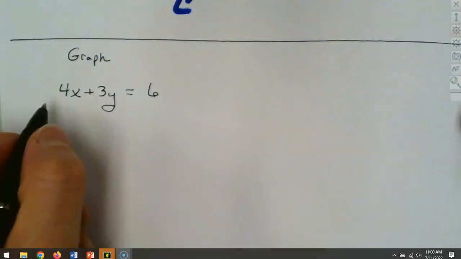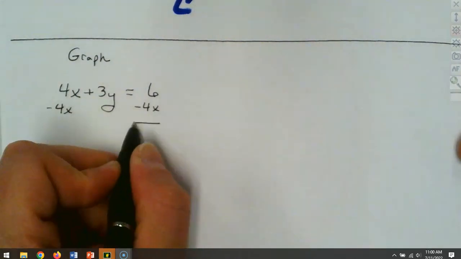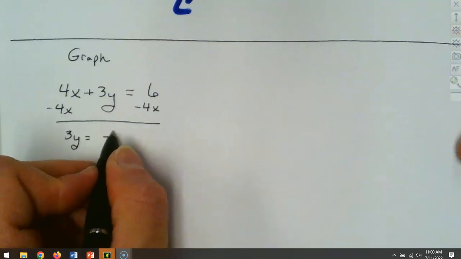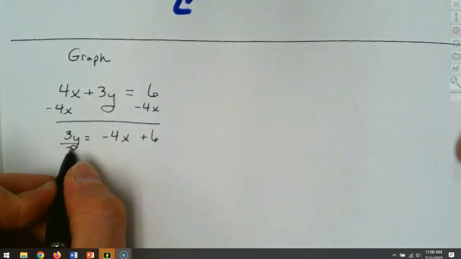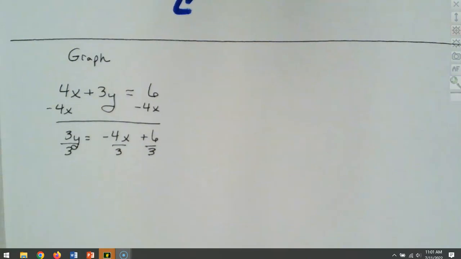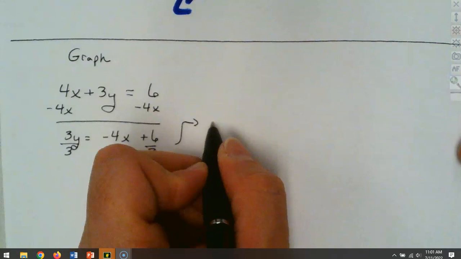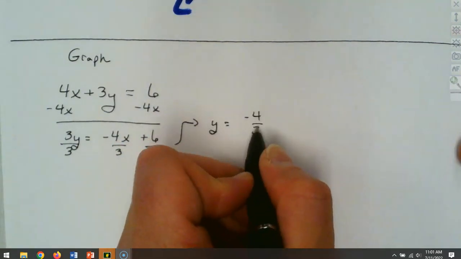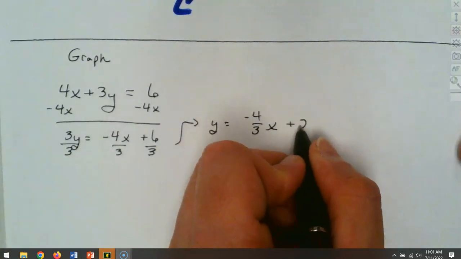So I'm going to move that 4x over, and then I'm going to divide by my 3, and I'm going to reduce it down as much as I can. So then that reduces down to y equals minus 4/3 x. And 6 over 3, well, that's a 2.